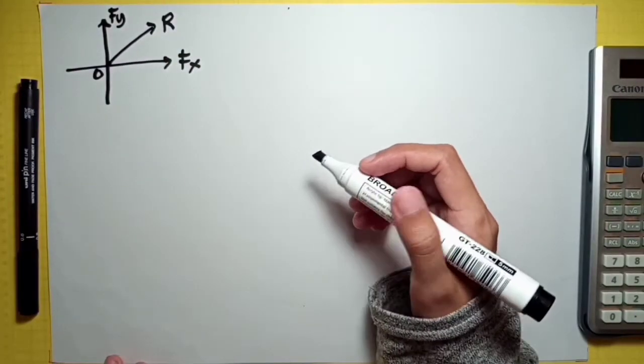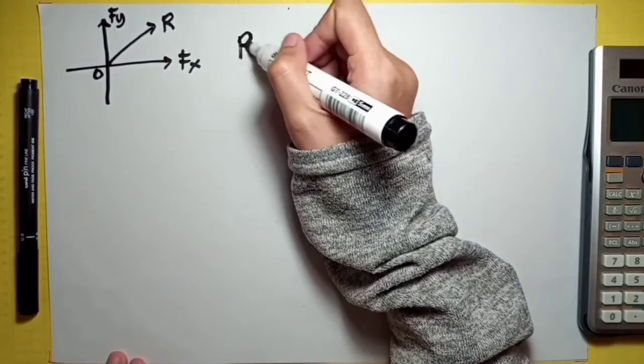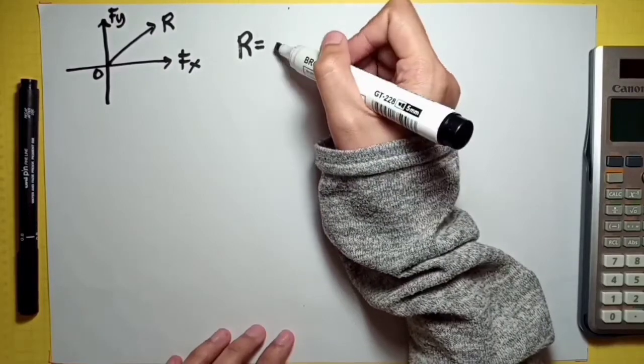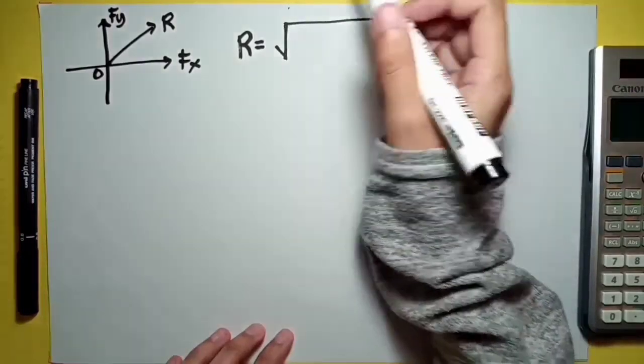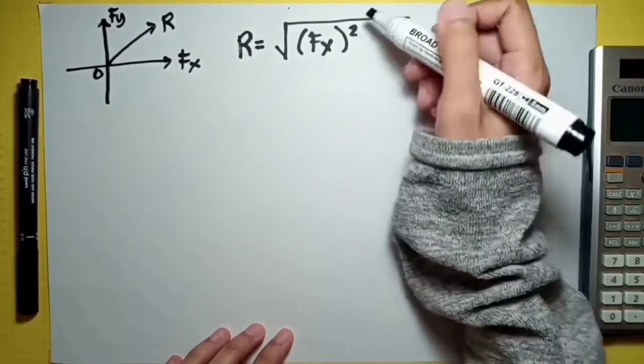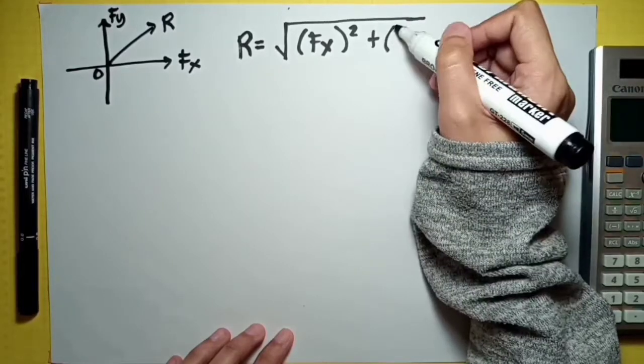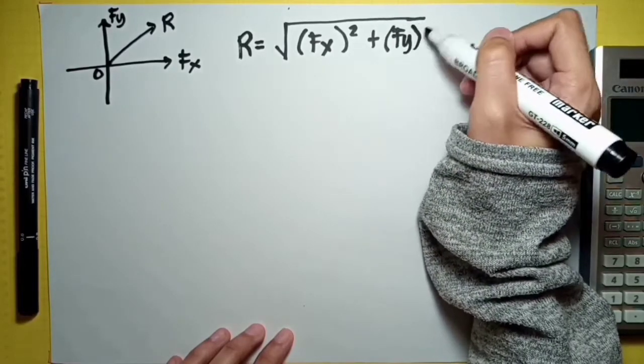Meron tayong formula on how to get the R or the resultant, which is R is equals to the square root of F sub X raised to 2 plus F sub Y raised to 2.